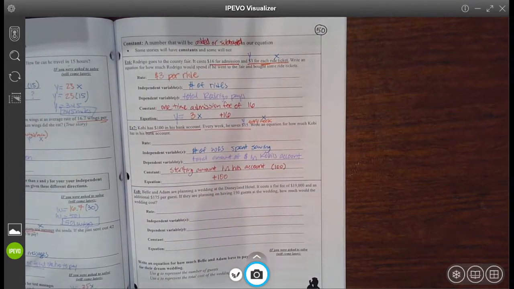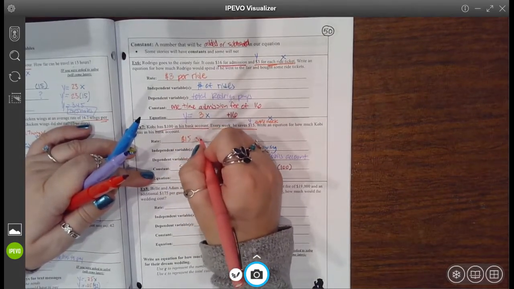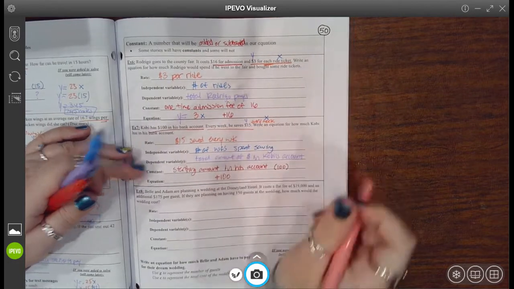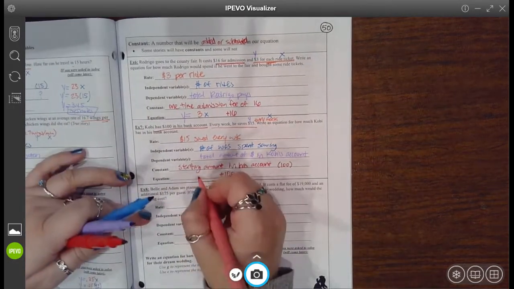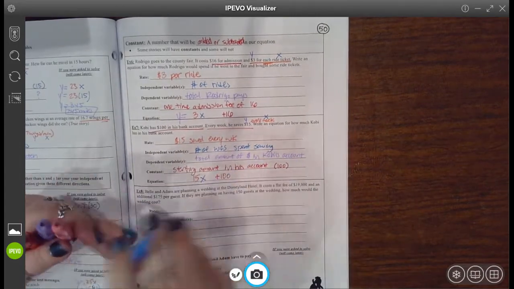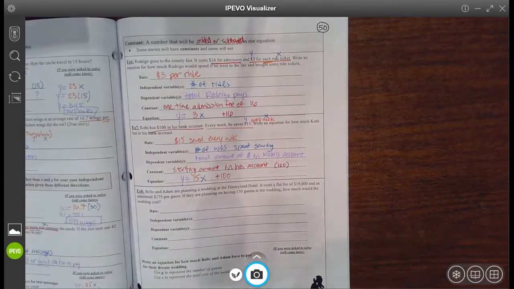Your rate is both those put together, the $15 saved every week. Okay, so now 15 is going to get multiplied with your x, and that's equal to your y, the total amount in the bank.